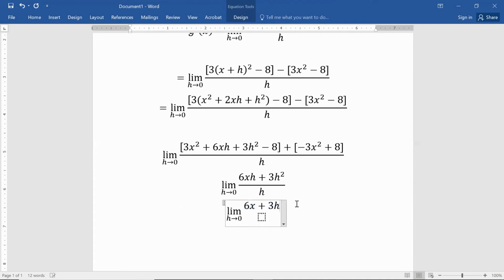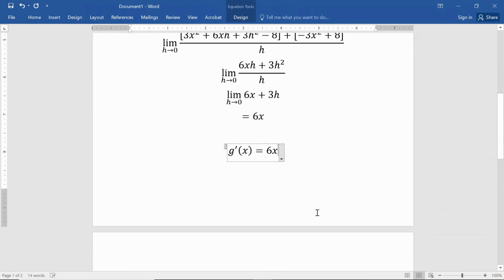As h goes to 0, we can just plug in a 0 for h, and we get 6x. So the derivative of g is simply 6x.